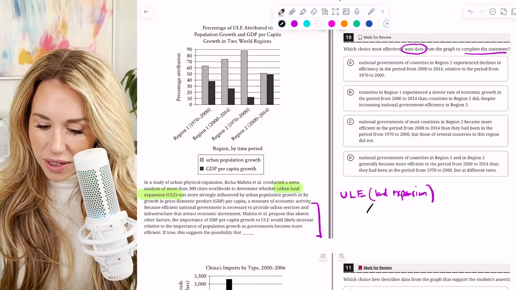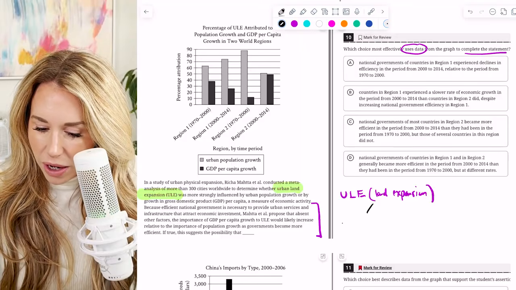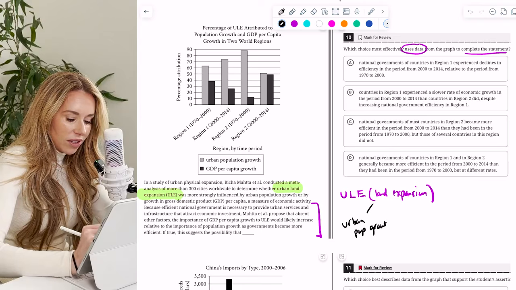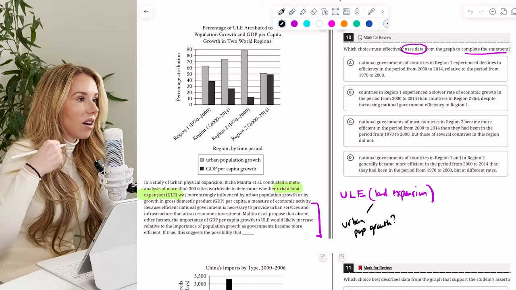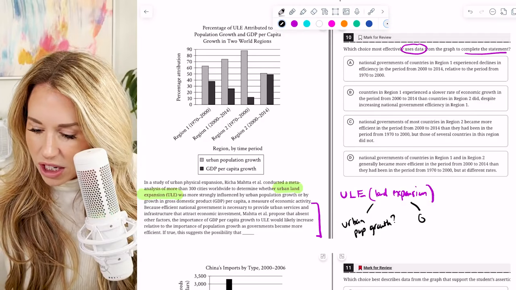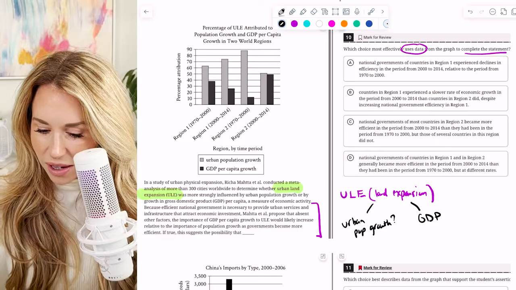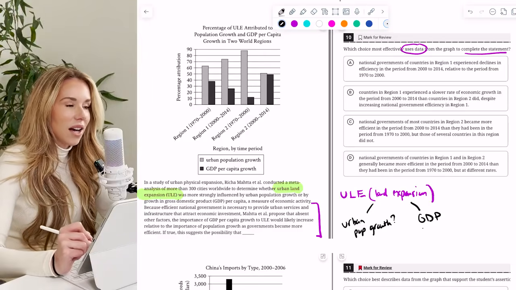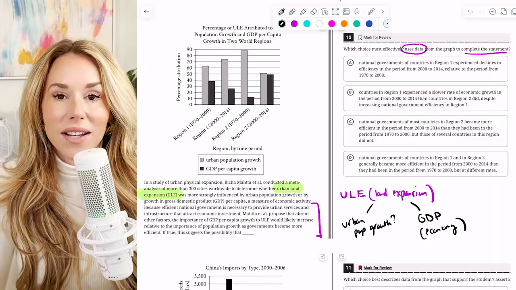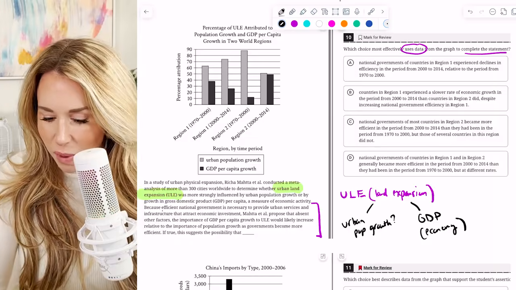Is it more influenced by urban population growth? So basically, when the city's population gets bigger, does that cause them to want to expand? Or is it more influenced by GDP, gross domestic product, which basically means the economy? So if the economy is doing well and more money is coming in, does that make them want to expand?